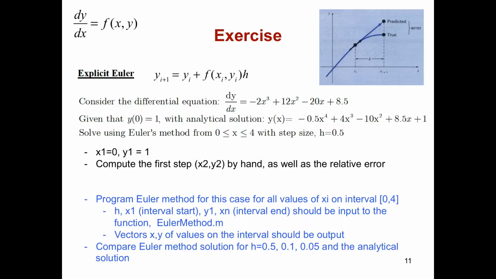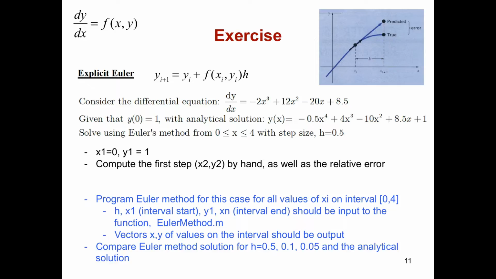Then for every y, starting from this starting point that we call x1, y1, according to the simplest of the methods, we take the previous value, take this slope estimate, because this is dy/dx evaluated at xi, yi, take this slope for distance h, and this is your new predicted value. And then with that value, you keep going, so you can create a very simple loop that will do that, and most of you have hopefully completed that last time.